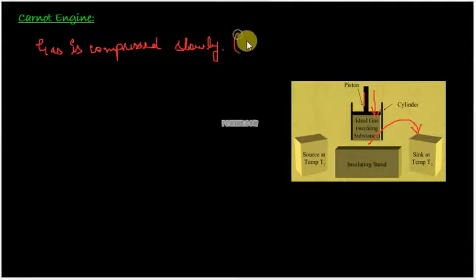So from P3, V3, the parameters change to P4, V4, and this time again the heat can be lost to the surroundings. When we are compressing the gas, it is increasing the temperature of the gas.